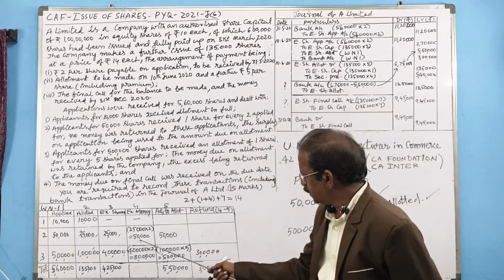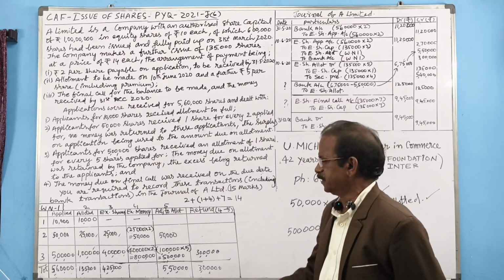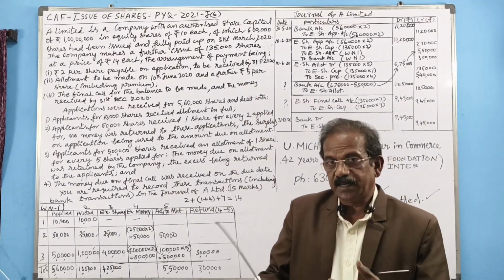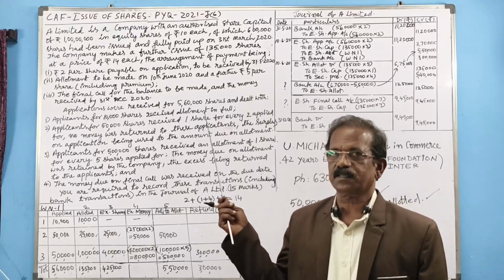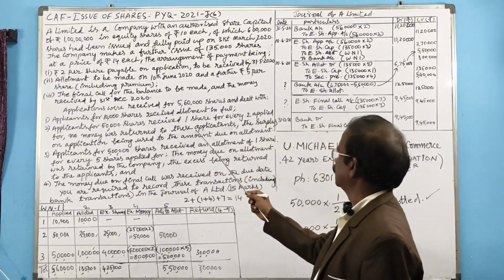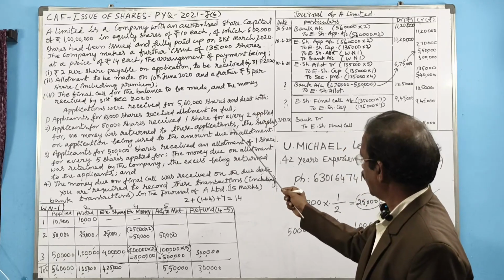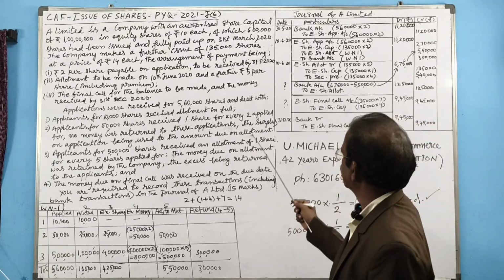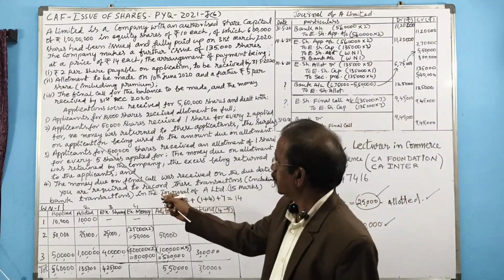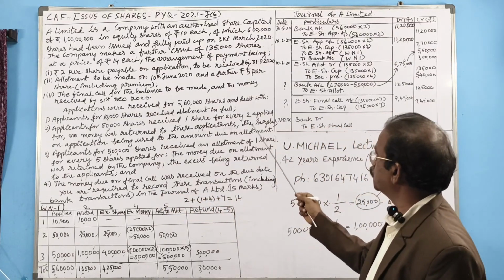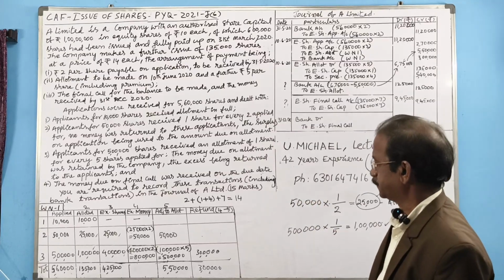What should we do with this excess application money? Should we return or should we retain? You have to check the question. No money was returned to these applicants. The surplus, meaning extra money on application, is being used toward the amount due on allotment.